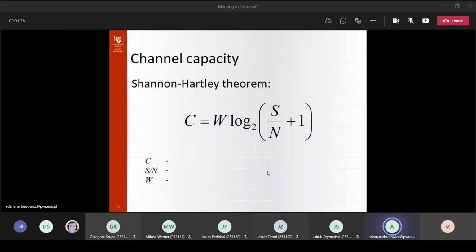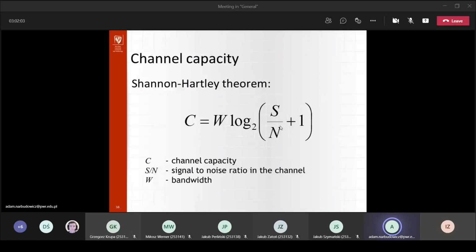Now, here I want to go back to the channel capacity, which is given by the Shannon-Hartley theorem. So I hope you can all recognize this equation by now. We have the C, this is our maximum channel capacity. SNR, this is the signal-to-noise ratio.